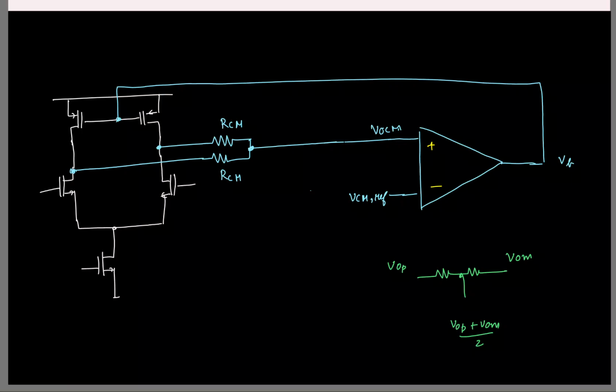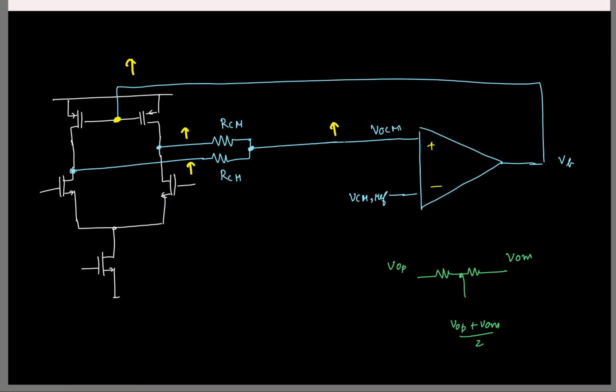See, if you actually notice here, if my output common mode increases, I want my gate voltage VB to increase or decrease? I mean, from this, what does it look like? We need to increase it, right? That's what the op amp is doing. If this voltage increases, I want my VB, the gate voltage of the PMOS, also to increase.